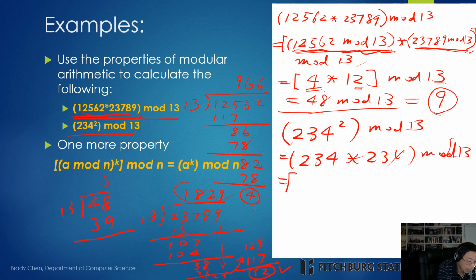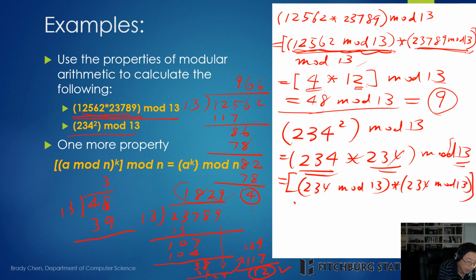And then you can apply the mod operation to each number. So it's 234 mod 13 times 234 mod 13, right? And then we have a mod 13. Now what's 234 mod 13?